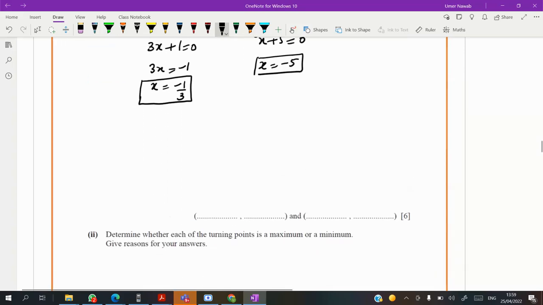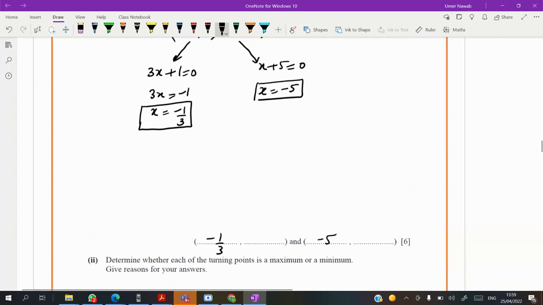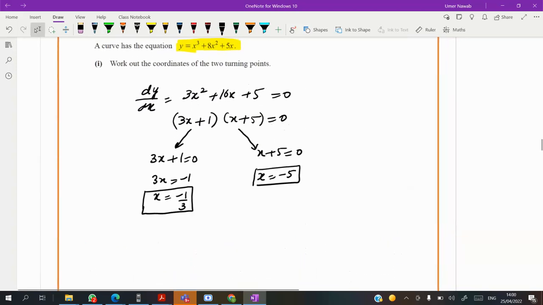Do we need the y coordinates as well? No worries. So minus 1 over 3, and this is negative 5. To get the y coordinates, y is equal to minus 1 over 3 whole power 3 plus 8 times minus 1 over 3 whole squared plus 5. Use the calculator.